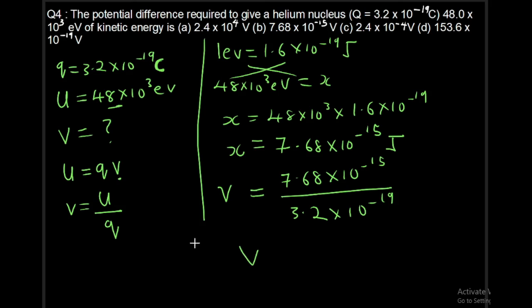That will give us the potential difference to be 24,000 volts, which is equivalent to 2.4 times 10 raised to the power 4 volts, and that is option A.